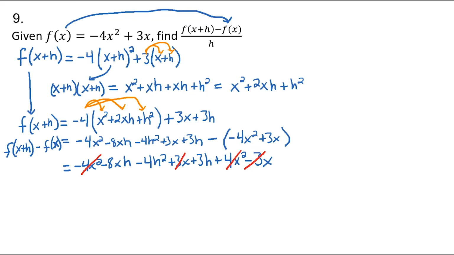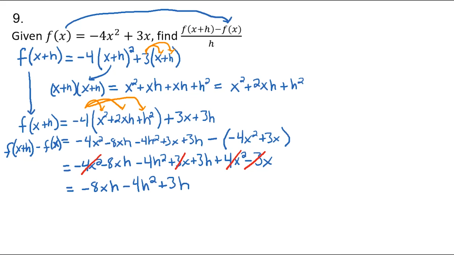There are no other like terms, so when I clean this all up, I have negative 8xh minus 4h squared plus 3h. Okay, so now it looks a little neater.